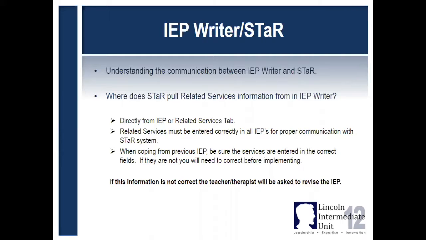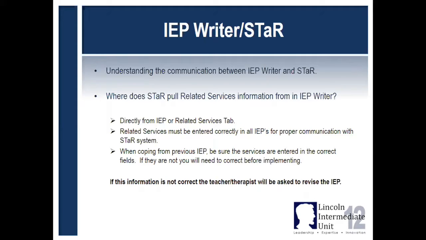I've been asked to share with you the information regarding IEP and STAR and how they communicate with each other. Where does STAR pull the related service information from in IEP Writer? The information is directly pulled from the IEP or the Related Service tab.